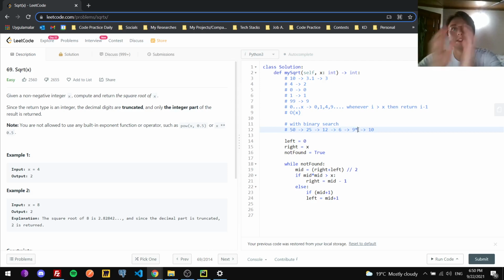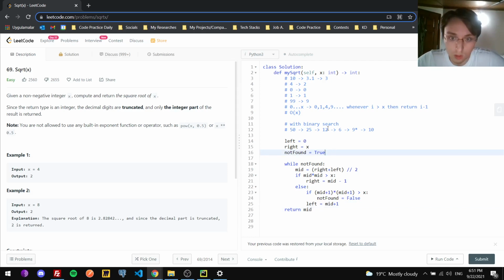So if the square of mid is smaller than x, and the square of the next number is greater than x, then we found our solution. We multiply mid plus 1, and if this is greater than x, then we set not found equal to false, and we return mid.